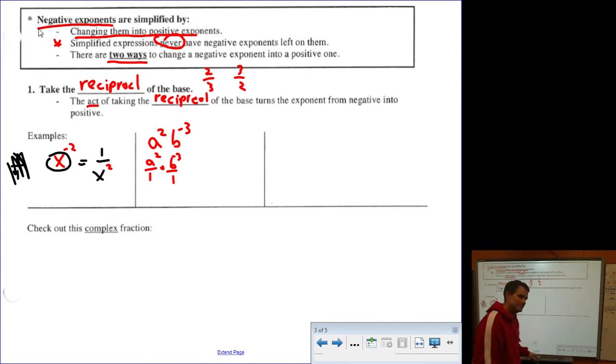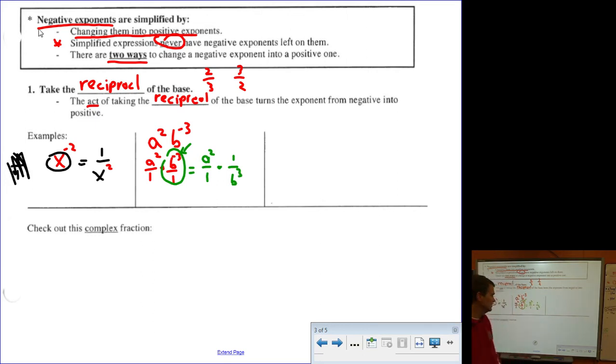But because you have a negative exponent here, you're going to need to take the reciprocal of that and turn it positive. So this would actually equal a squared over 1 times, and this guy would take the reciprocal, which would be 1 over b, and that turns the exponent positive. Then finally, when you multiply those together, you get a squared over b to the third. A squared times 1 is a squared, and 1 times b to the third is b to the third.